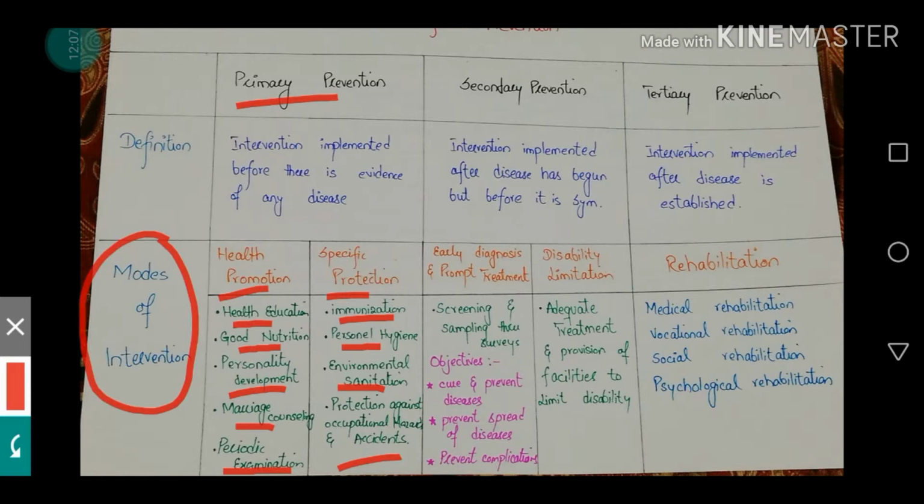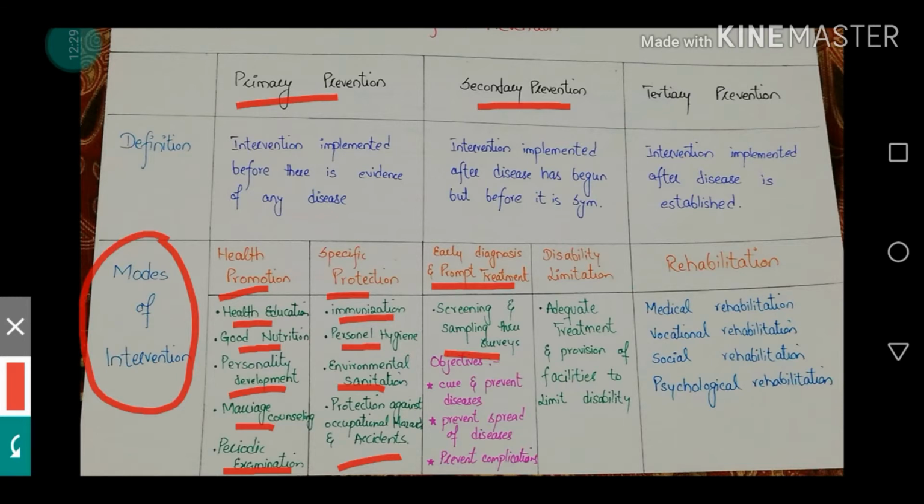Now then comes secondary prevention. Secondary prevention is applied when the disease has begun. Now you cannot do anything to prevent it, but you can do everything to slow down its course, and it includes early diagnosis and prompt treatment through screening and sampling, which is done through surveys.